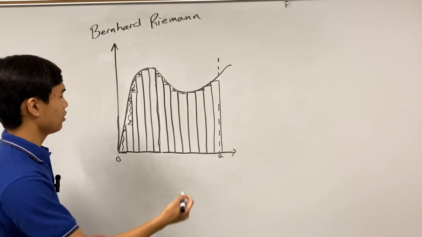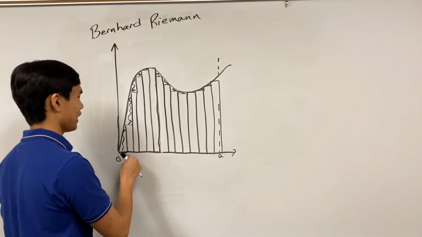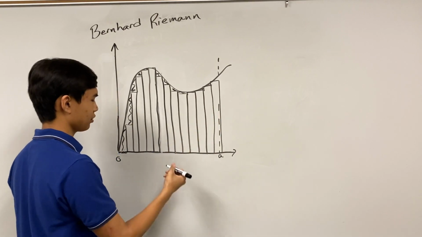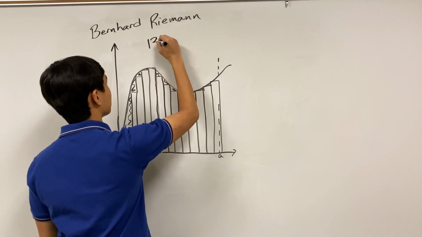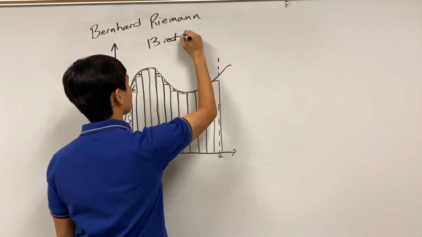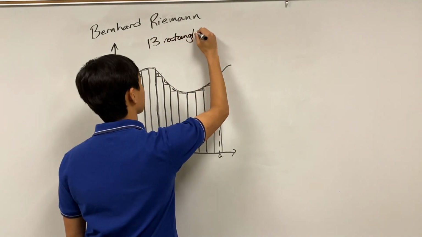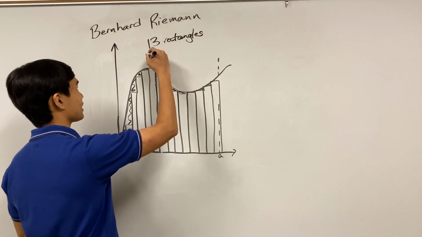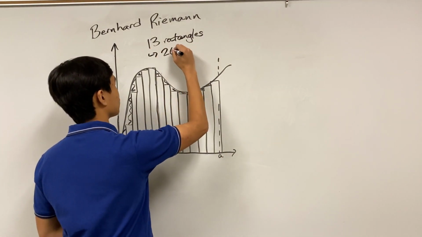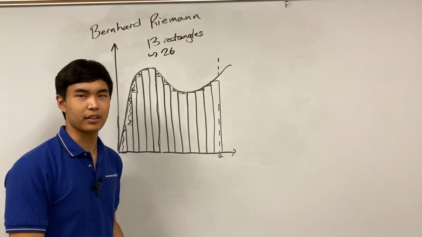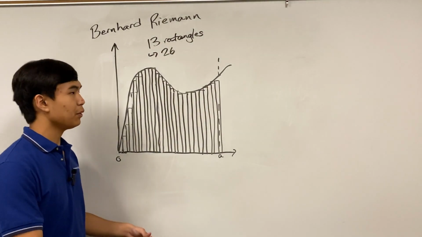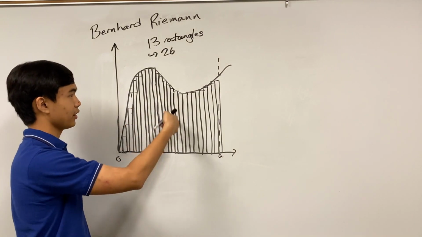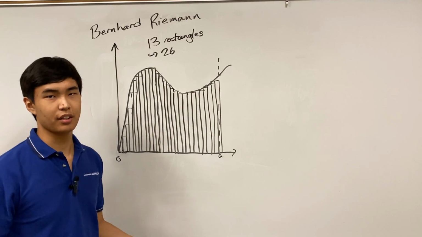Well, right now we're summing areas of 1, 2, 3, 4, 5, 6, 7, 8, 9, 10, 11, 12, 13 rectangles. What if we increased it to 26? Then what would it look like? Okay, now we're at 26 rectangles, but we're still missing a bit of the area under the curve.